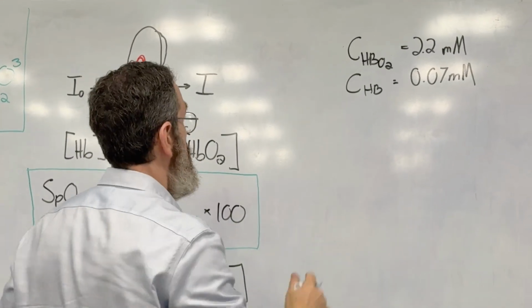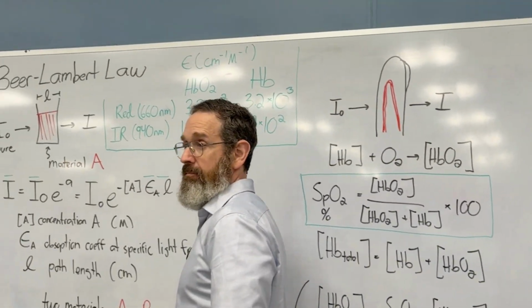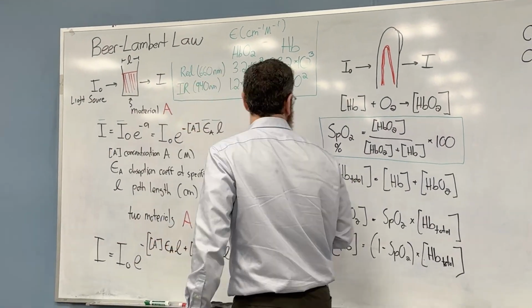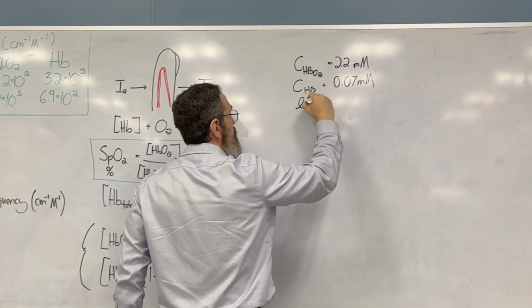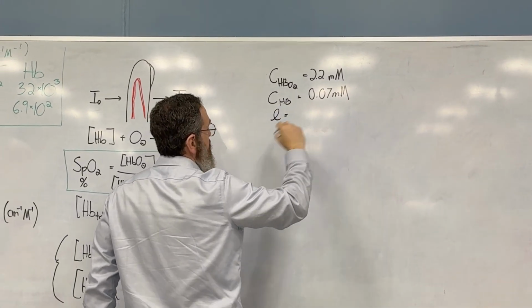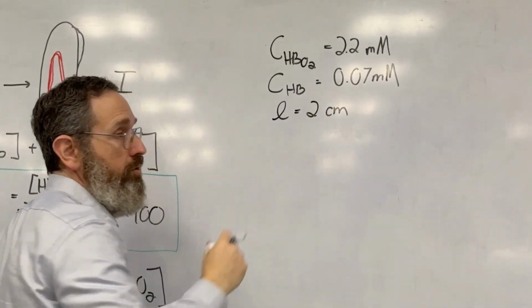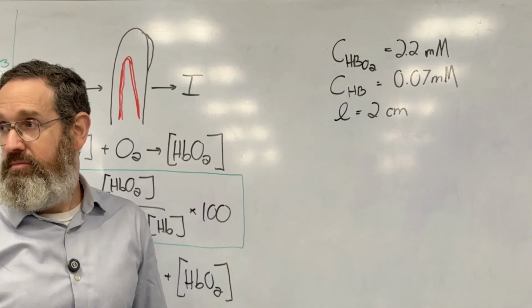So this is what I'm going to do. I'm going to take the blood out of your body, right, make sure that everything is stable. I'm going to put it in a vial, and that vial is going to be 2 centimeters long.